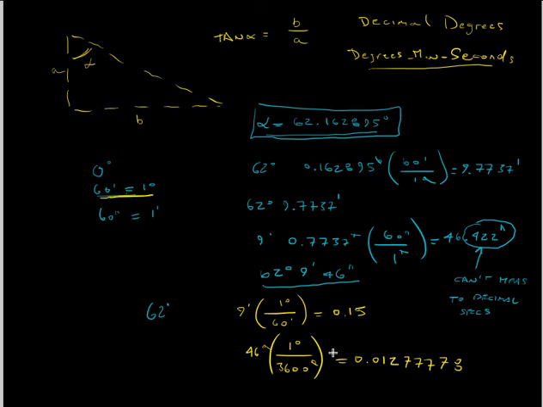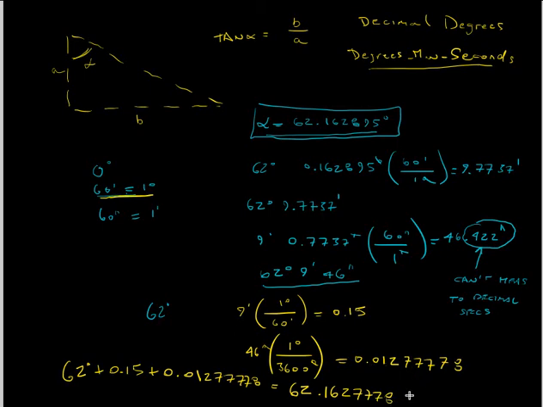So in decimal degrees, it's going to be 62 plus 0.15 plus 0.012777778, which is equal to 62.16277778.